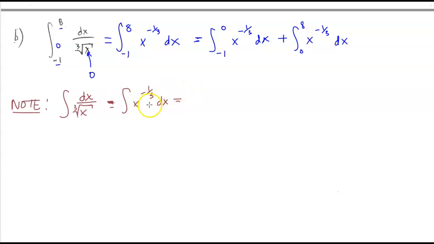Then, of course, using the power rule for antiderivatives here, this would end up being x raised to the 2/3 over 2/3 plus some constant, which is just 3 over 2 x raised to the 2/3 plus some constant. And the main thing that we are concerned with here is this first term. So we know what the antiderivative of x raised to the negative 1/3 will be.